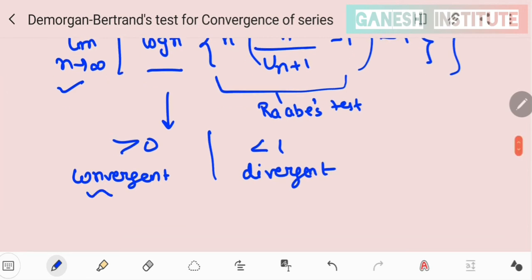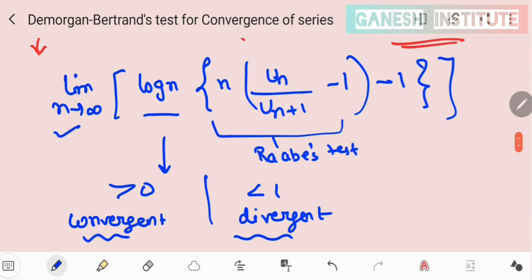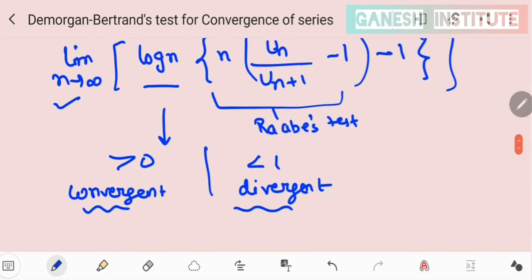If it is less than 1, then the series will be divergent. Okay, so let's find out whether now this is satisfying the equation or not.